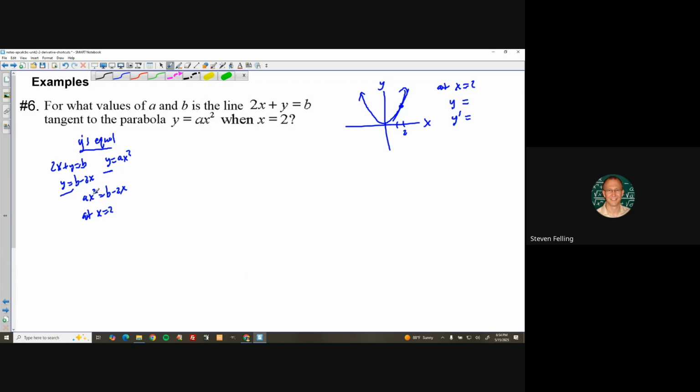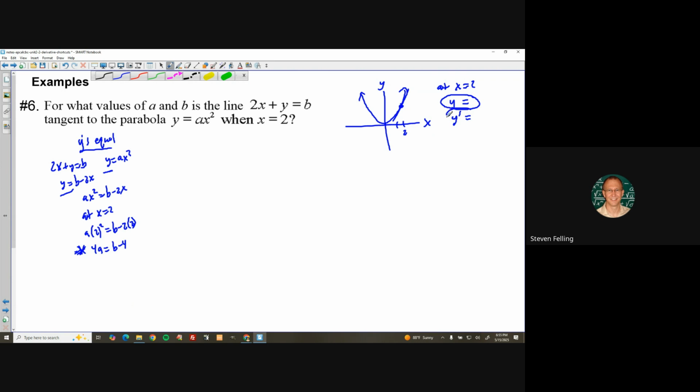So I'm going to plug a 2 in here. And that would give me a times 2 squared has to equal b minus 2 times 2. So that is 4a has to equal b minus 4. Okay, I can't solve for a or b, but at least I have an equation that relates the two. And that's what setting the y's equal gives me, an equation that relates a and b.